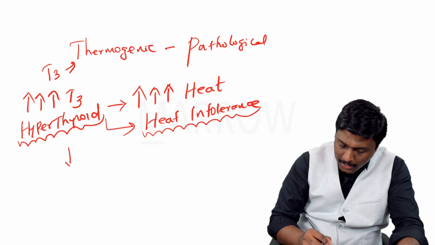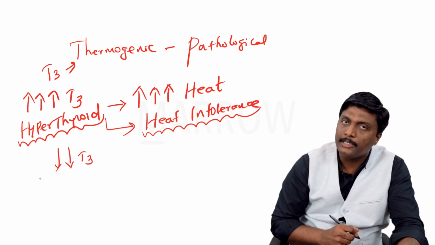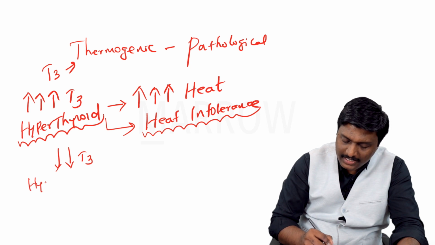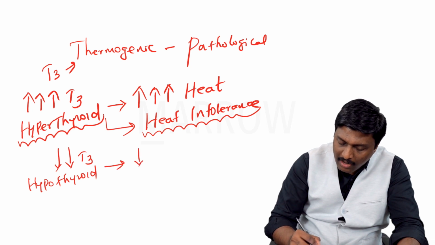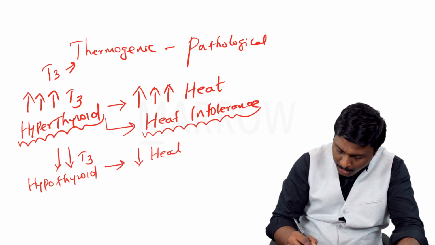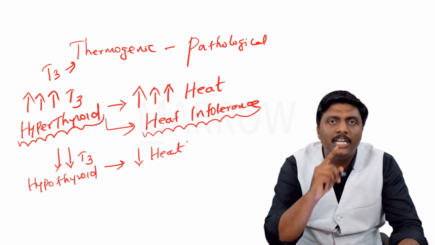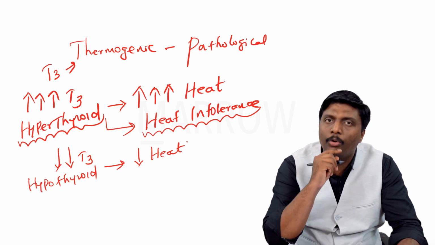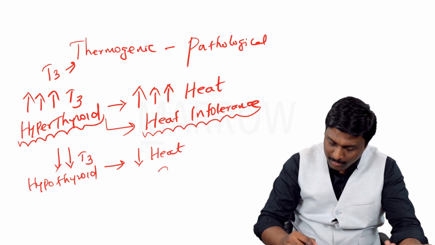On the other hand, low levels of T3, pathologically low levels, we call this state a hypothyroid state. They will obviously have less heat production. By any chance, if a hypothyroid individual encounters a cold environment, they will have less heat production. Now you answer me.